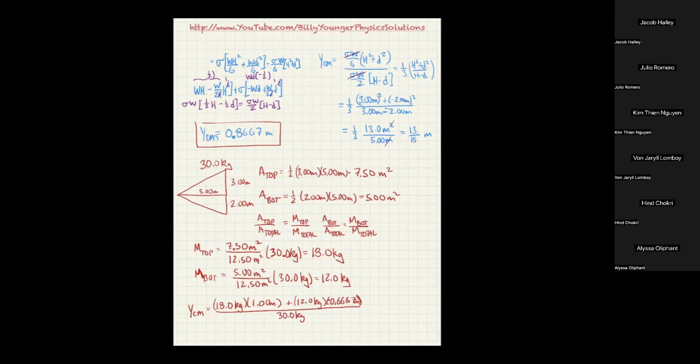So if I do 18 times 1, which obviously you don't have to multiply, plus 12 times negative 0.6667, that gives me 9.996 kilogram meters in the numerator, divided by 30.0 kilograms.